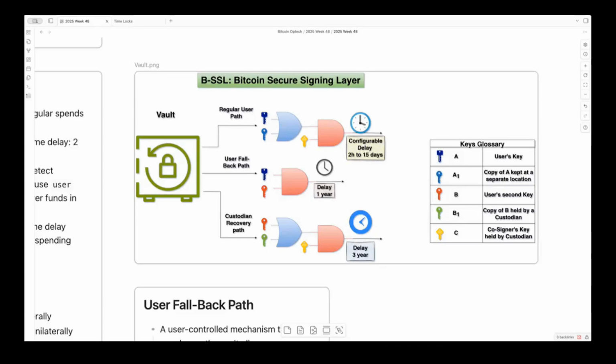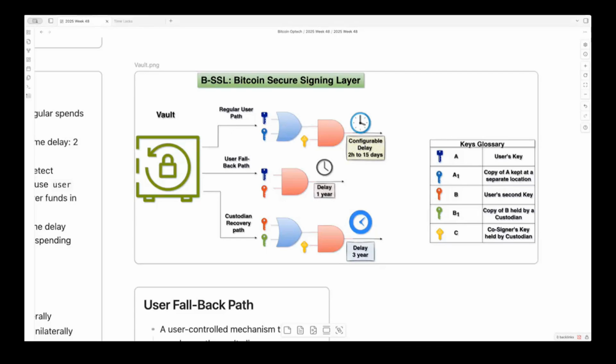This entire script will be in one leaf, this entire script will be in the second leaf, and this will be in the third leaf. So these are all different tapscript leaves. And as time goes by, each and every one of these scripts will become available for you to spend.